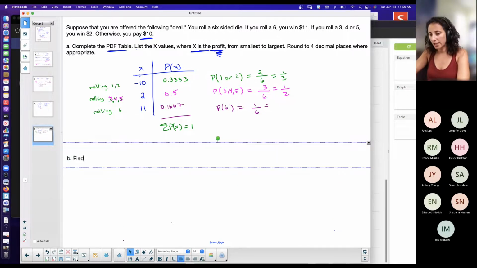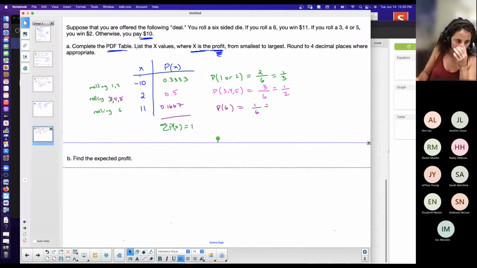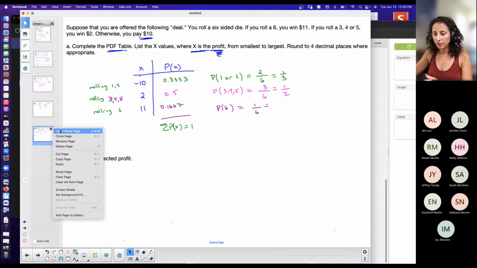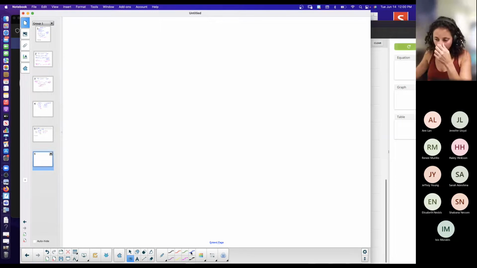This one I want to do, find the expected profit. Round to the nearest cent because it's expected profit. So expected value, let me write notes over here on the side.